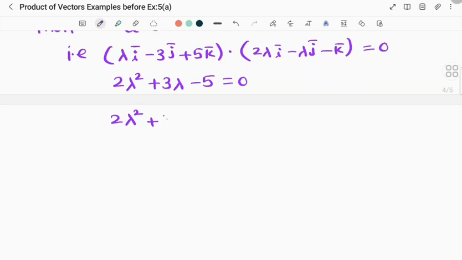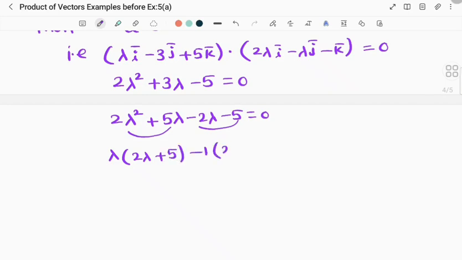So plus 5 lambda minus 2 lambda minus 5 equal to 0. From these two, lambda if we take out common, 2 lambda plus 5, minus 1 if we take out common, 2 lambda plus 5. So lambda, 2 lambda plus 5, into lambda minus 1, equal to 0.